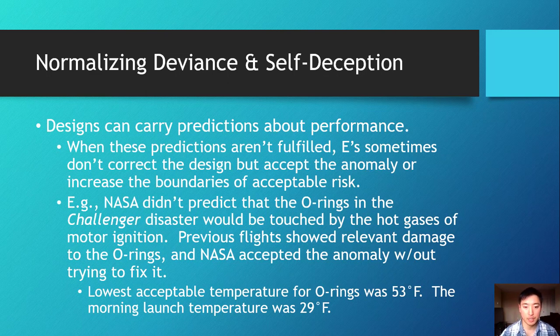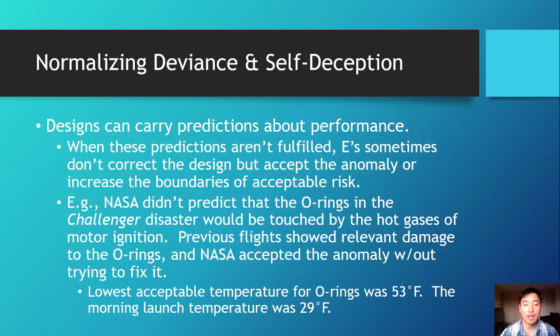However, previous flights showed relevant damage to the O-rings from the hot gases of motor ignition. So this is an anomaly. This wasn't part of the standard prediction. However, NASA just accepted the anomaly without trying to fix it. They accepted it, didn't think twice about it, and went on their business. They should have done something about it in this case.